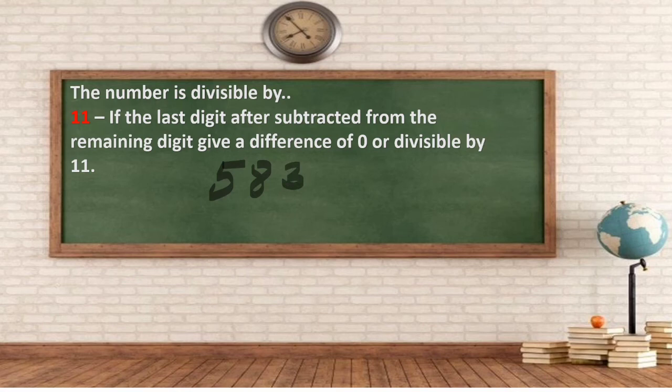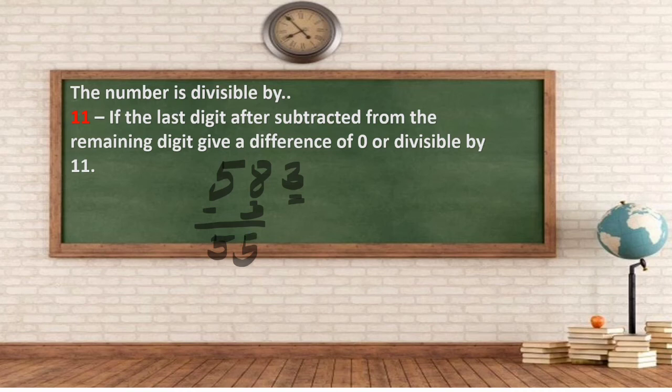So subtract the last digit from the remaining digits. 58 minus 3. This is 55. So 55 is divisible by 11.